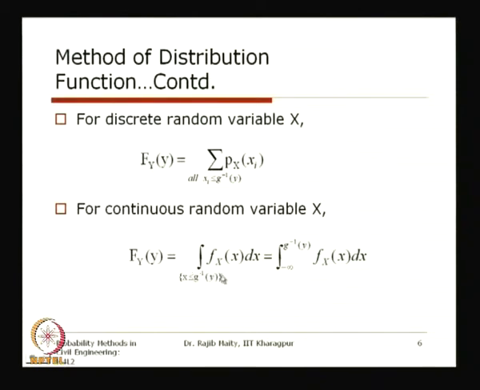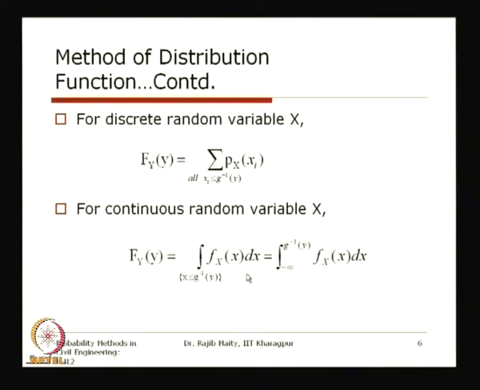This set, as we just discussed in pictorial form, is basically R_y, the set for which this condition is satisfied. If we integrate over this region, from the leftmost support, minus infinity, to g inverse of y, this will be equal to the probability of Y up to the specific value y.